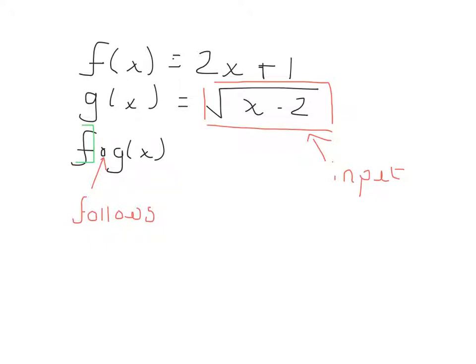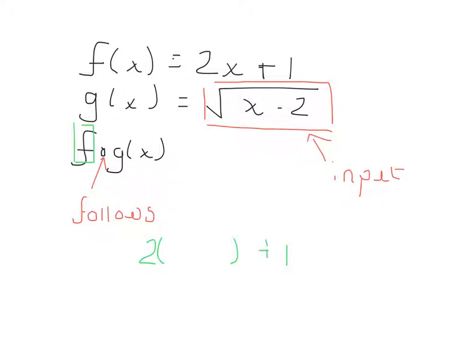And this is a part of why we name functions, which we were talking about today. So the f function says take 2 times x and add 1.